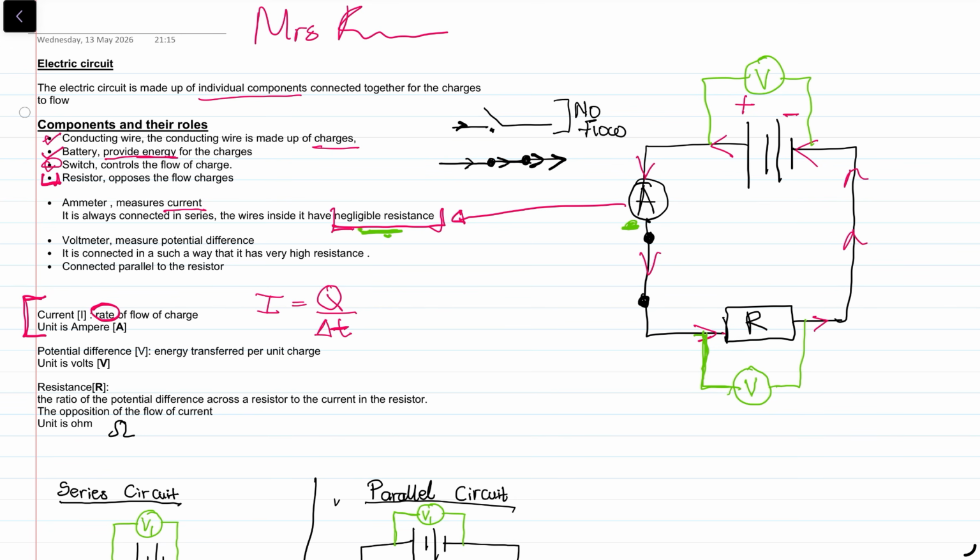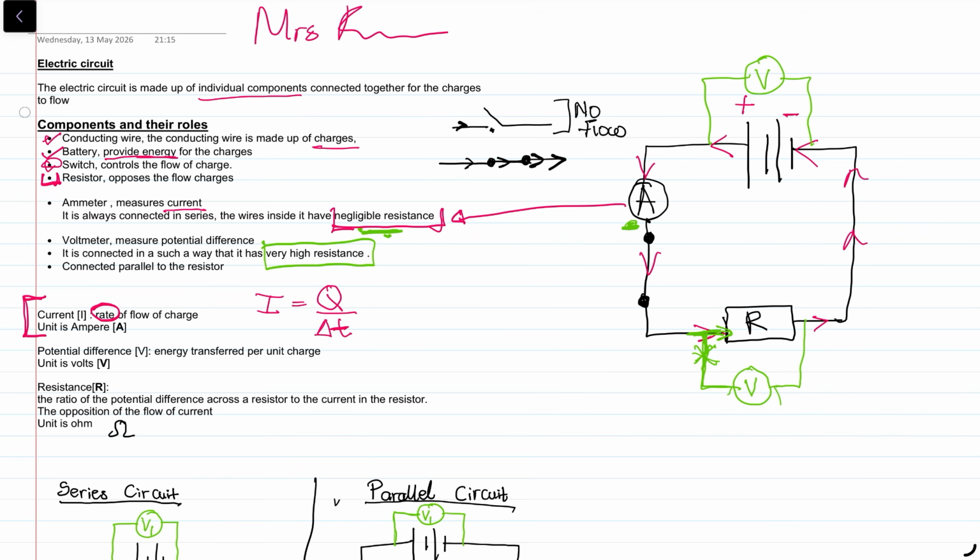The voltmeter is connected in such a way that it has very, very high resistance, meaning that all the charges that are coming in this way are going to prefer to just go through the resistor and not take the other path. Why? Because the obstacle here is too big. So for example, the resistance is very high.